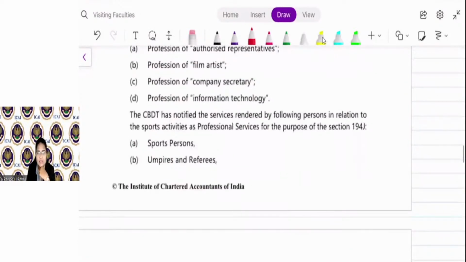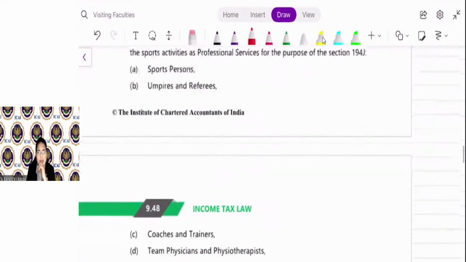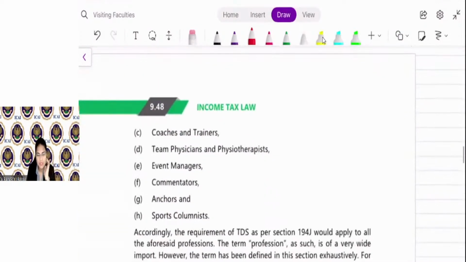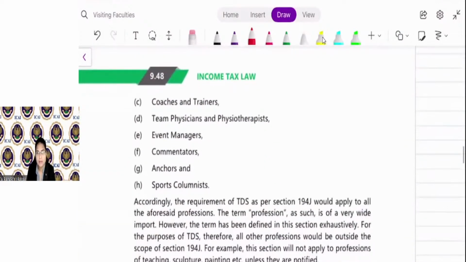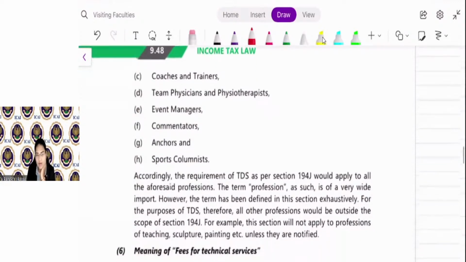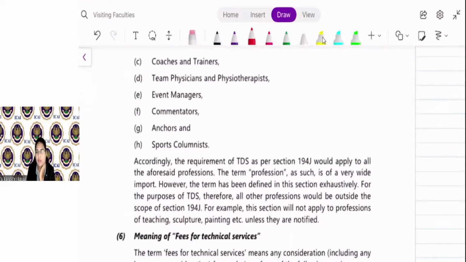Other notified service also includes sports person, umpire and referee, coaches and trainer, team physician and physiotherapist, event manager, commentator, anchor, and sports columnist. They all are treated as profession. So if you are paying any fees to them, then you are required to deduct TDS under section 194G.